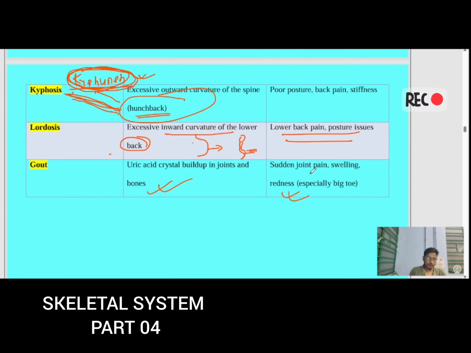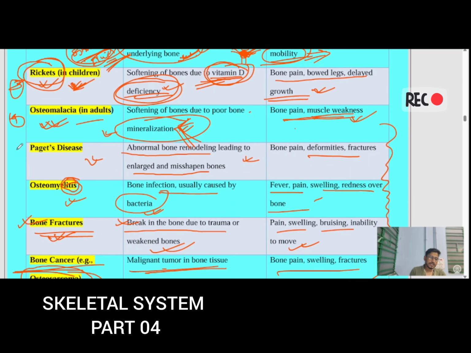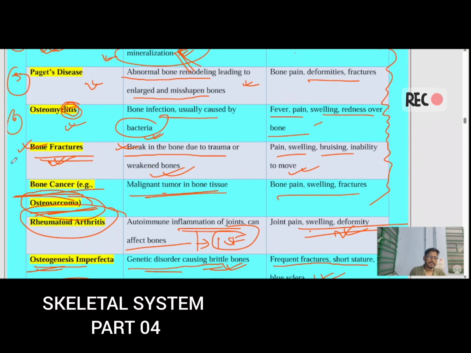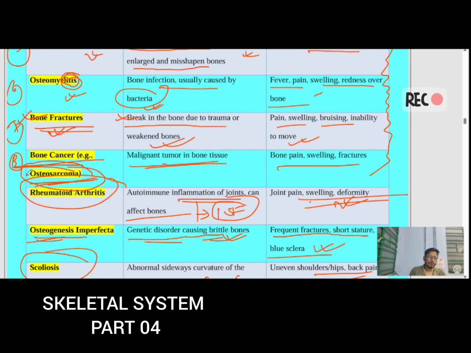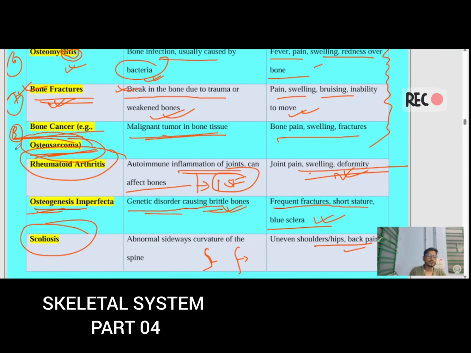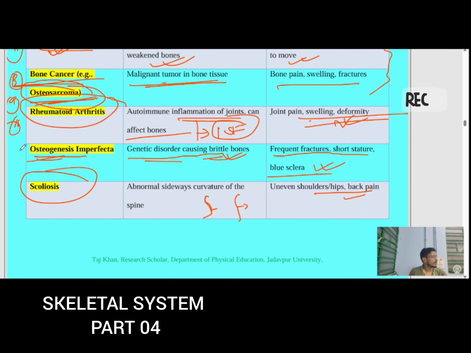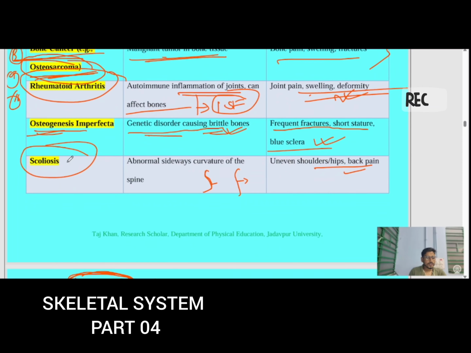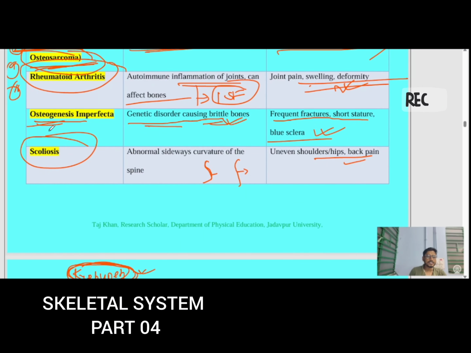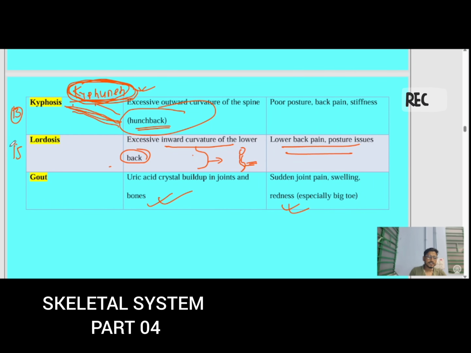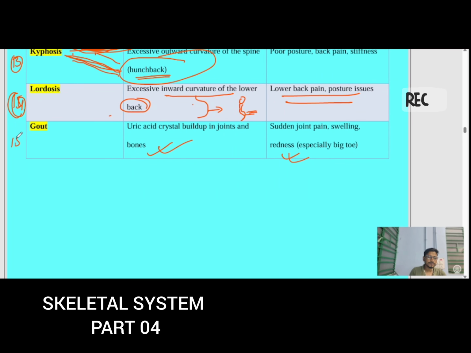So right now, how many common diseases have we studied? Paget disease is number 5, then osteomyelitis, bone fractures, bone cancer, also known as osteosarcoma, then arthritis, rheumatoid arthritis, osteogenesis imperfecta is 11, and 12 scoliosis, 13 kyphosis, 14 lordosis, and 15 gout.